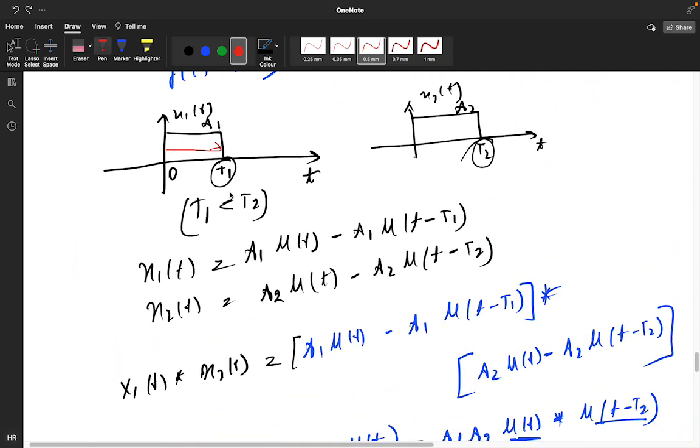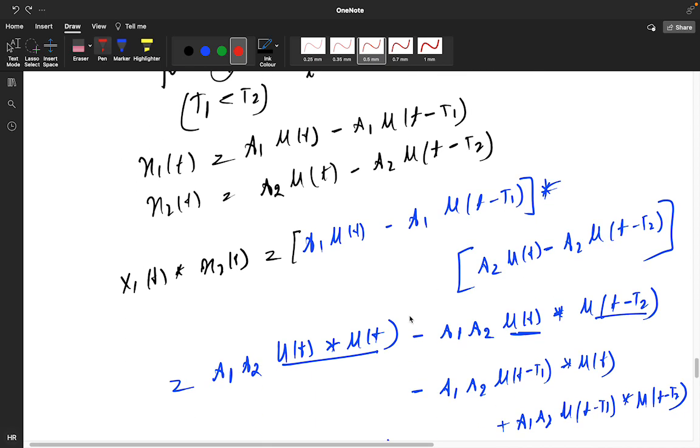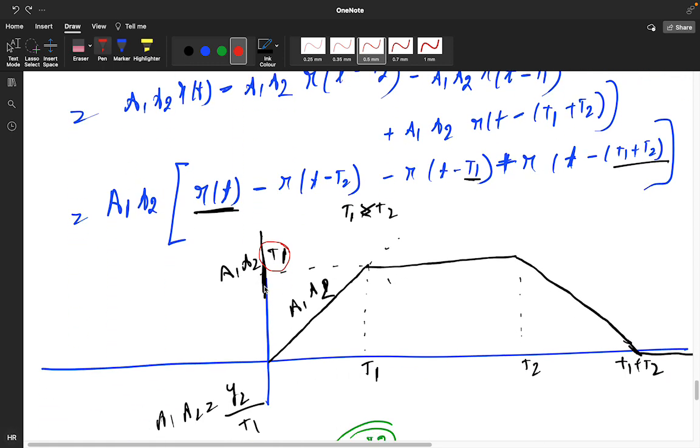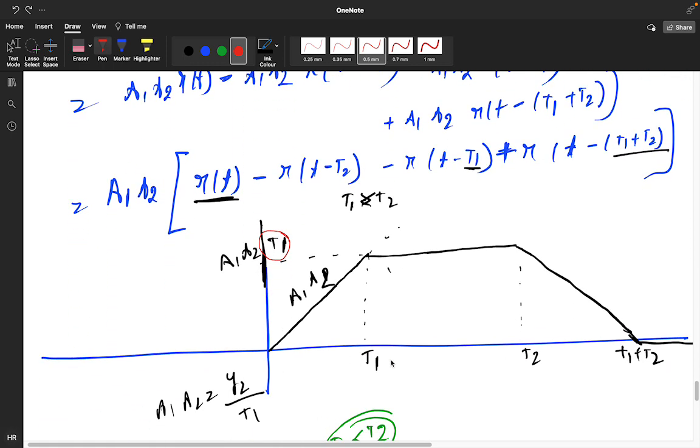See, while doing the integration, means the convolution, we get the result like this. The equations came like this, and from these equations we understood that my result is coming here t1, here t2, then this is getting added t1 plus t2. This is what? T1 plus 0. This is what? T2 plus 0. And this is 0 plus 0.